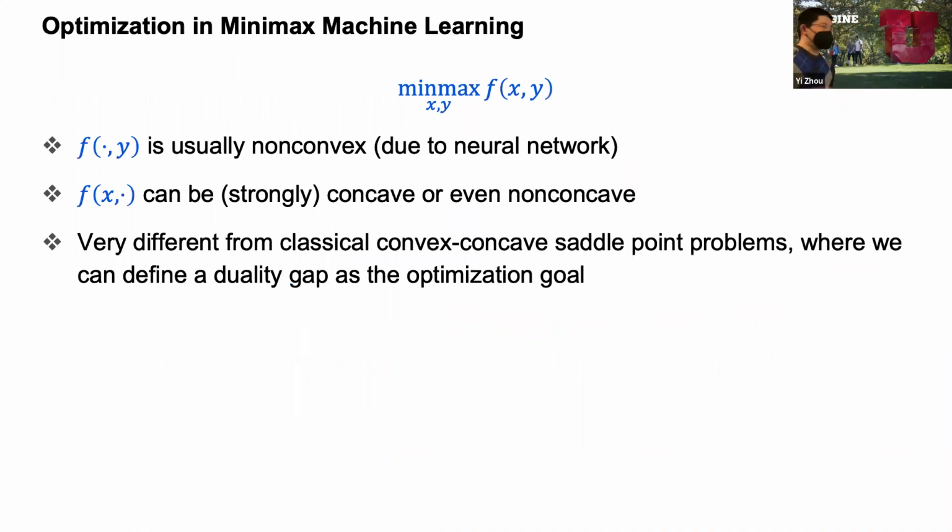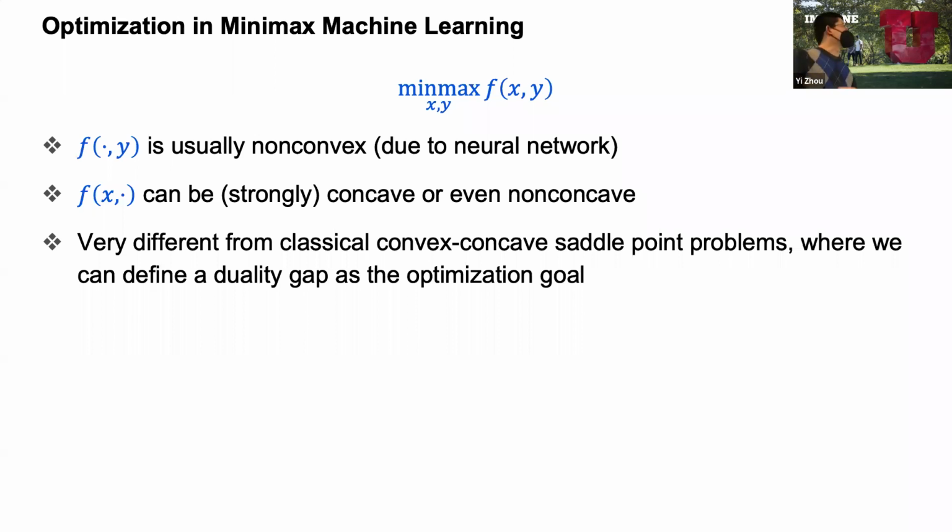So there are many other applications that I cannot list here. But in general, in all the previous examples, we are trying to impose some features, some desired attributes, on the network model, for example, adversarial robustness and domain invariance, by solving a general minimax optimization problem.